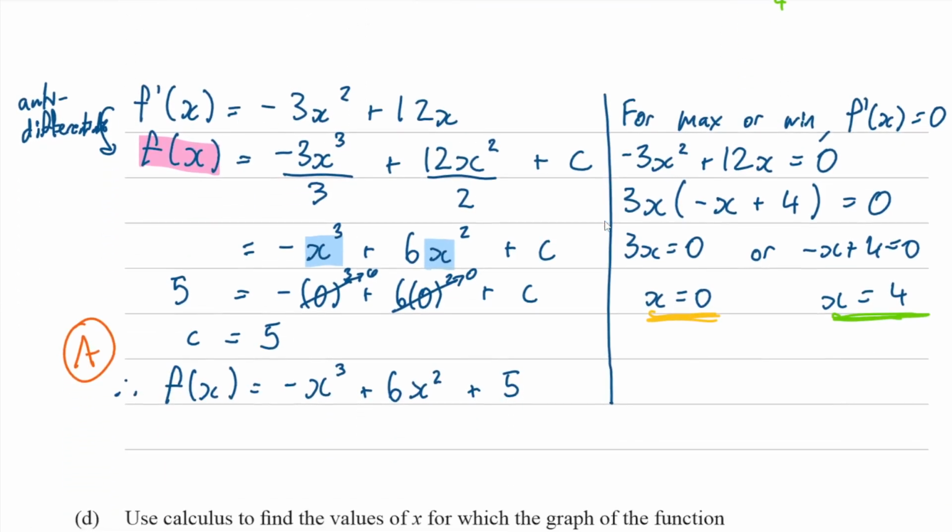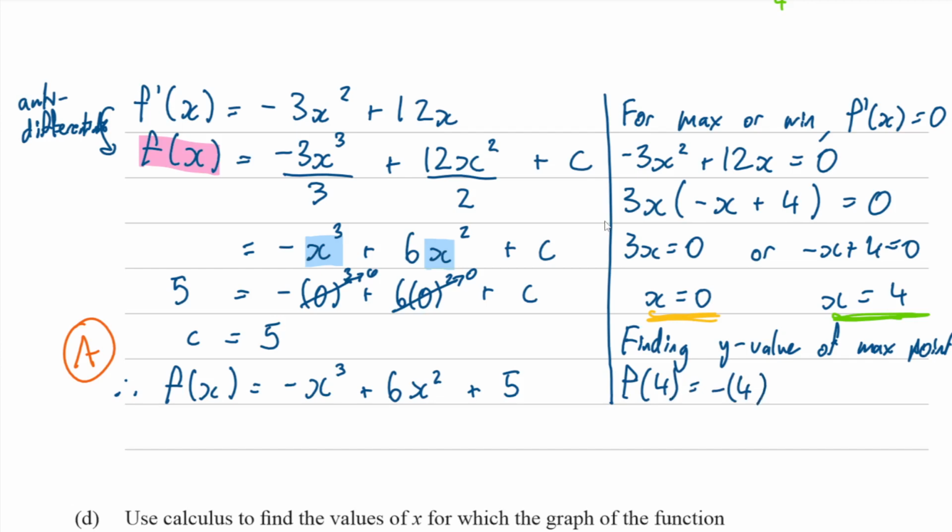Well, good thing we did all that work to find f of x. So finding the y value of the max point, we substitute x equals 4 into our original function.